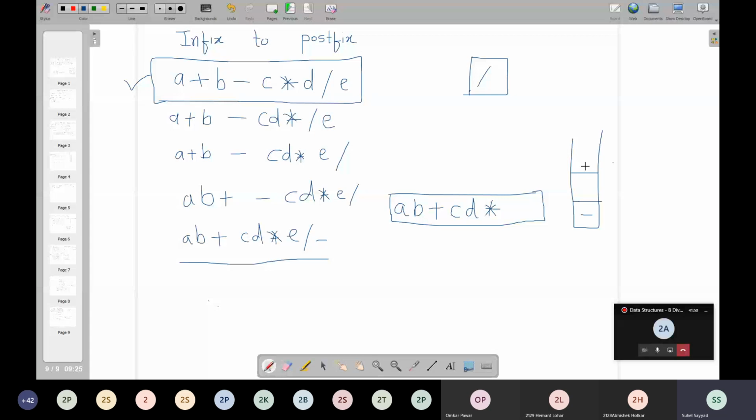But now when this multiplication was present over here, I am having two symbols, so it may happen that in the symbol which is present downside, I may get different conditions. So I should check. In different algorithms, different things may happen, but we should check. So first I am checking precedence of division with precedence of multiplication. This multiplication is getting popped and it is coming in my output string.